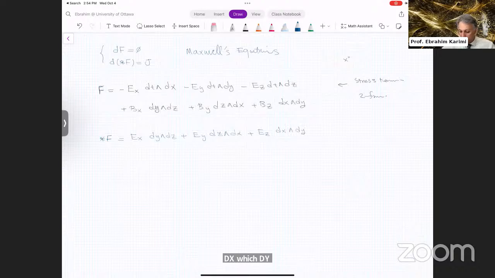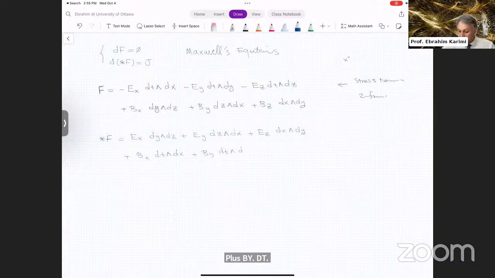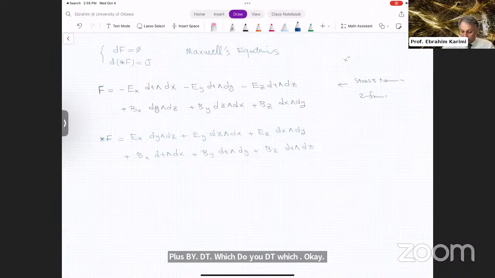Okay, and finally the last term, which essentially will be bx dt, which dx, plus by dt, which dy, plus bz dt, which dz. Okay, so we also know what is going on with the star of F, the dual of the F, the stress tensor.